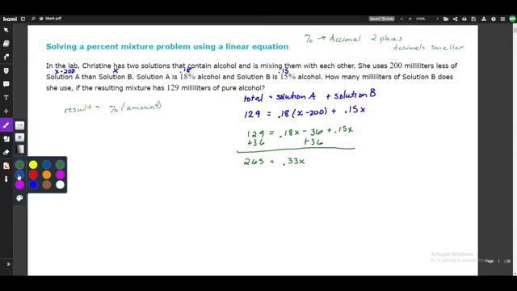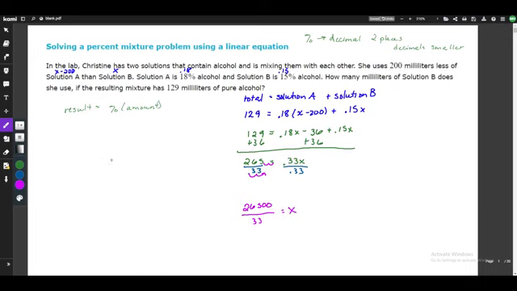Getting x by itself, we're going to divide both sides by that 0.33. And now, because I have a fraction or a division and a decimal, I really don't want both, so I'm going to move my decimal 2 spots to get rid of the decimal, and whatever I do to the bottom, I have to do to the top. So this is the same thing as 26,500 divided by 33 equals x. I'm going to have to divide that out.